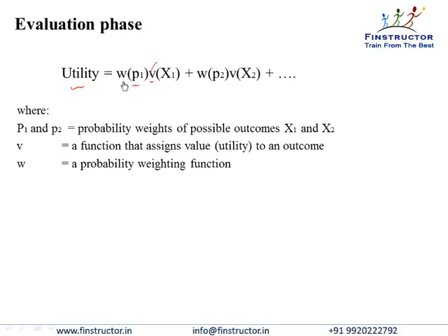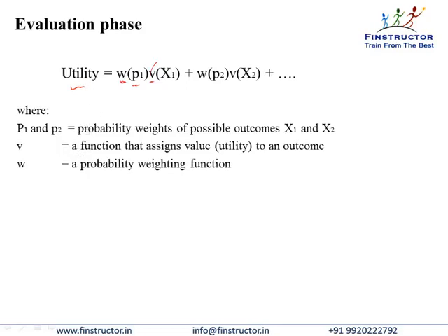So even that probability has a weighting assigned to it. The probability that came from our editing phase can be further upped or reduced. So for all outcomes, you will do this calculation and sum up to calculate the utility of each alternative. The total utility of all alternatives will be compared and you will pick the option that gives you the highest utility.